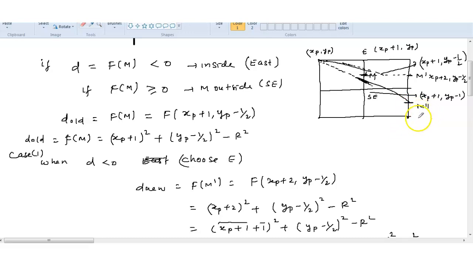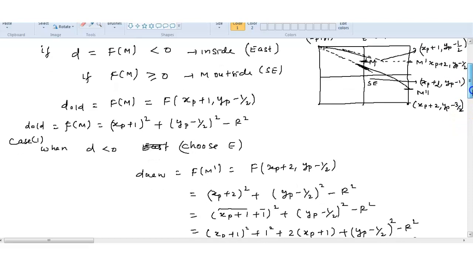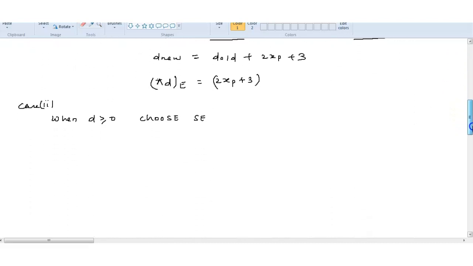The coordinate of M double dash is xp plus 2, and the y value coordinate will decrease by 1. So yp minus half was there, and minus 1 it becomes yp minus 3 by 2. This will be the coordinate of the next point when we choose the southeast corner.